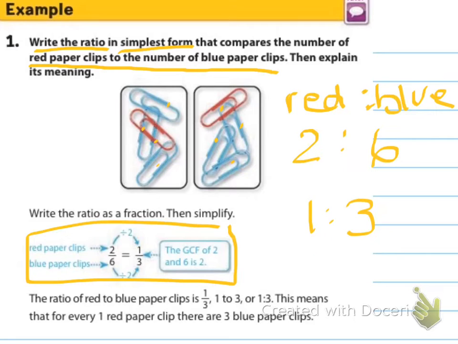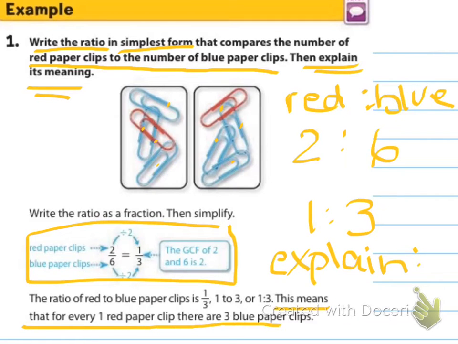Now this is the next key thing that I want to make sure you write down. It wants you to explain the meaning. So I want you to write down explain, and then copy this: this means that for every 1 red paper clip, there are 3 blue paper clips. We're going to talk about that, but I want you to write that down.